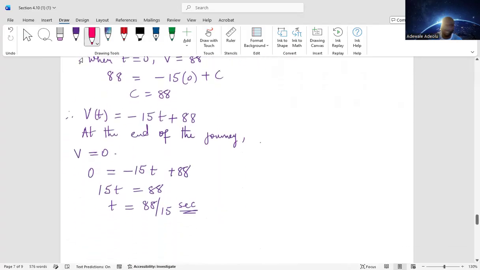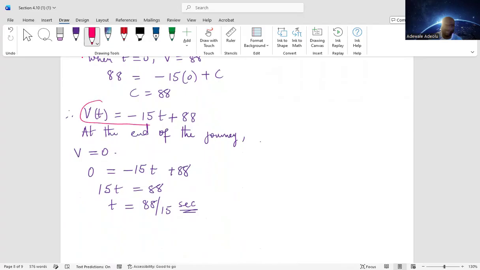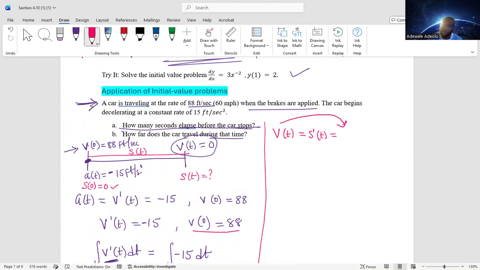We just found it: negative 15t plus 88. So I can put it here. Now, let us form the initial value problem. S prime of t, that is ds dt, equals negative 15t plus 88. And we know that at time t equals 0, the distance covered is 0. We have an initial value problem.